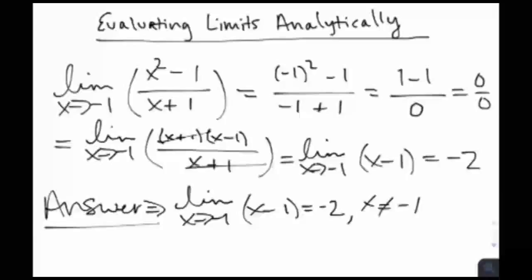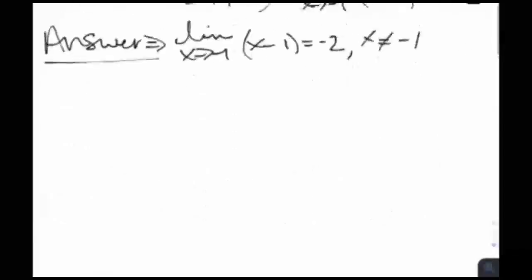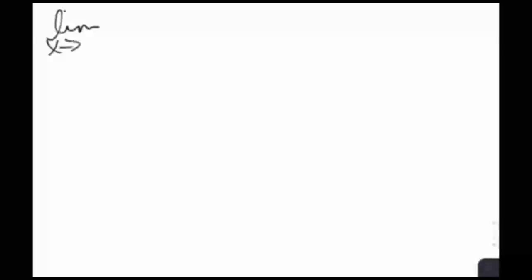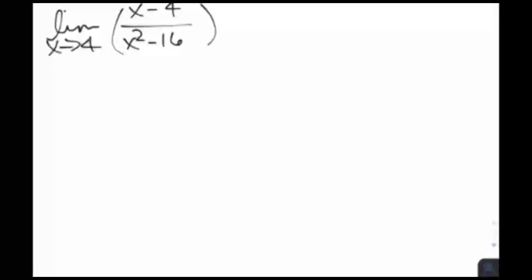So let's actually do another problem. Let's scroll up here, so we have the limit as x approaches 4 of x minus 4 over x squared minus 16. It's the same thing. If you wanted to do it numerically, you'll get 0 over 0.